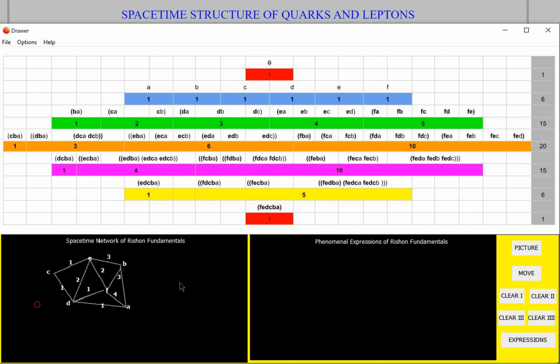Relating Rishon fundamentals are then the constituents of space-time and are notable within space-time as the T and V expressions of those relating fundamentals.